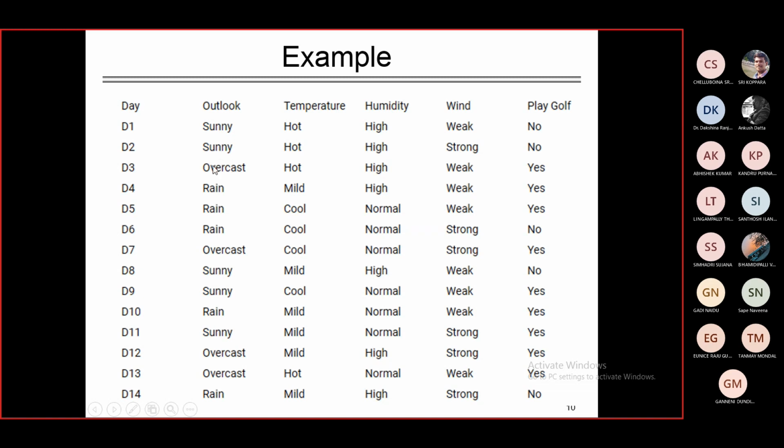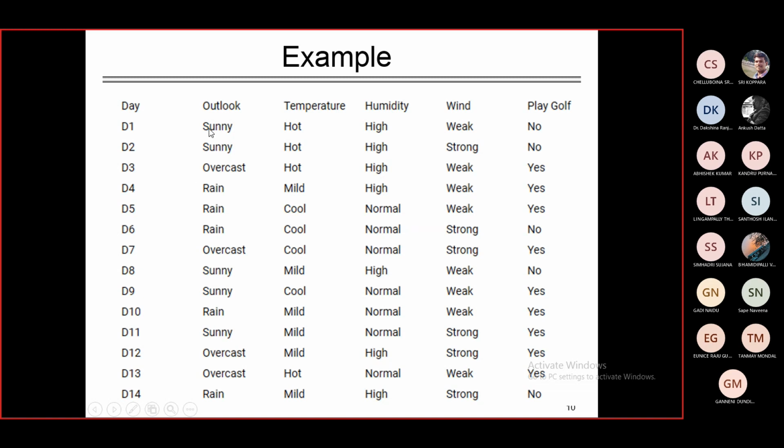Similarly, the temperature attribute has three different values: hot, mild, and cool. Humidity has two different values, high and normal. And wind has two different values, weak and strong.